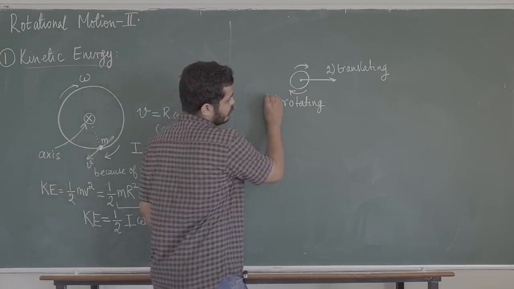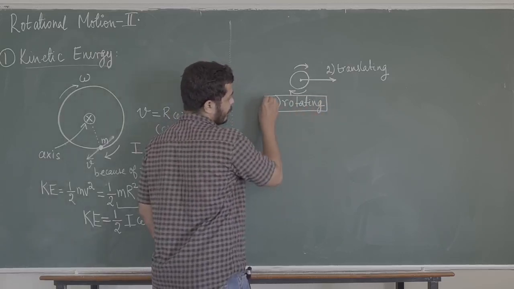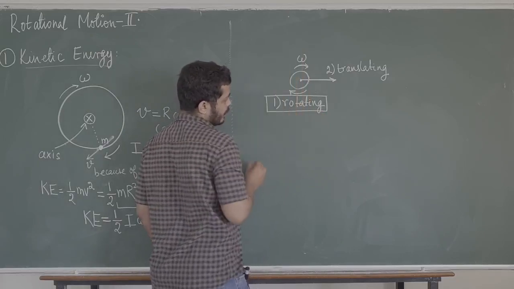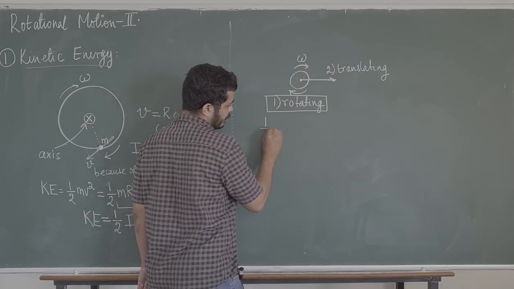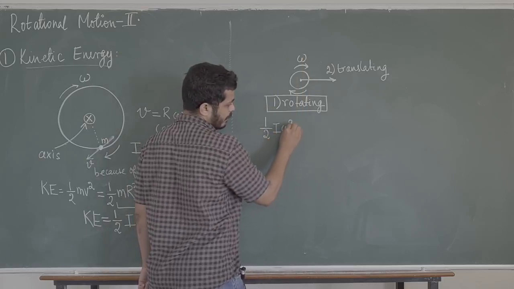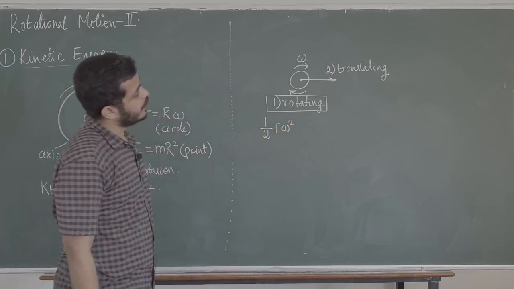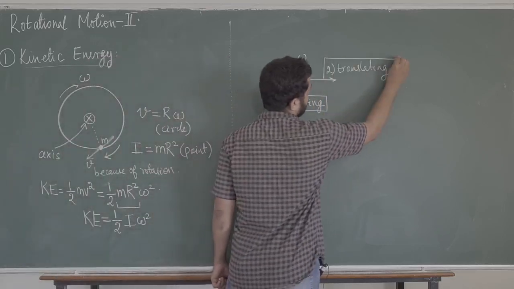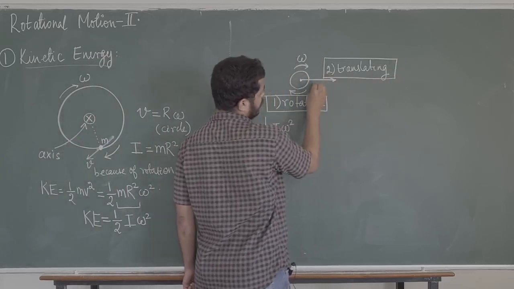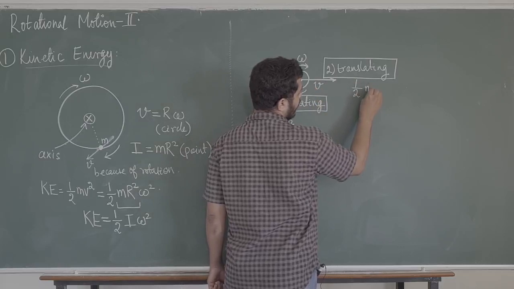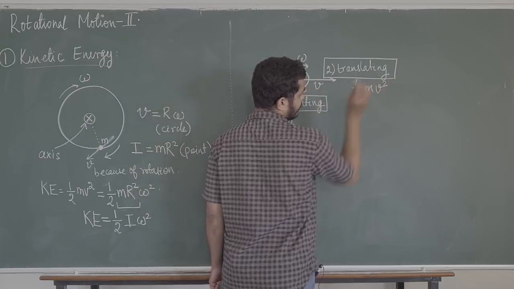Kinetic energy of rotation depends upon rotation only. So if the rotation is at the rate of omega, then because of rotating, the kinetic energy will be equal to half I omega square. And because the particle is translating, its velocity will be v or something, then that will be equal to half mv square.